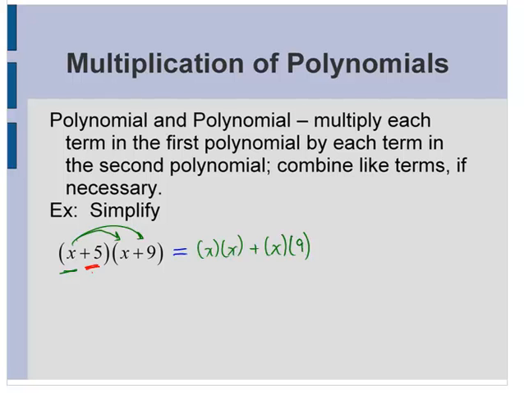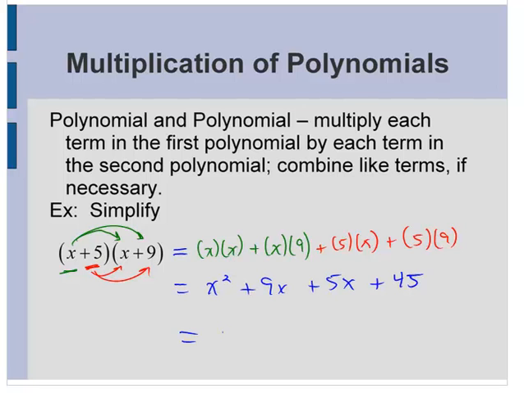Then I'm going to take this plus 5 and distribute it through the second polynomial. So I have plus 5 times x plus 5 times 9. So I now have x squared plus 9x plus 5x plus 45. Or more simply, x squared plus 14x plus 45.